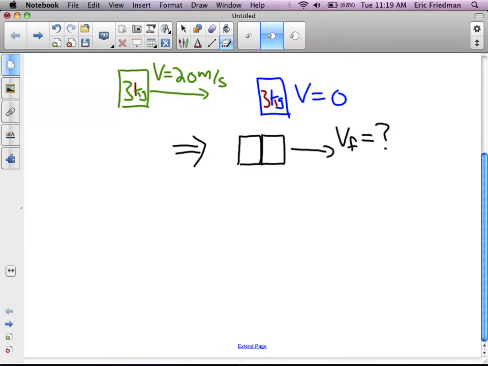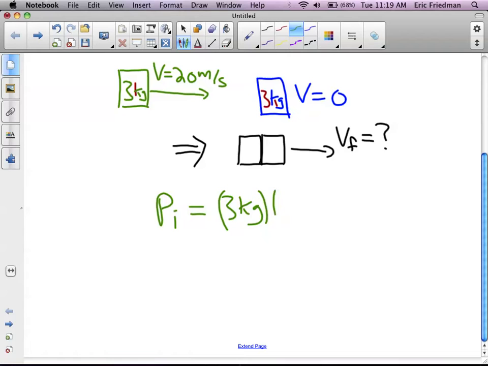We just need to add up the momentum before and the momentum after and find out what that is. So let's say all the initial momentum. All right, well, I've got the first box. That's 3 kilograms times 20 meters per second.